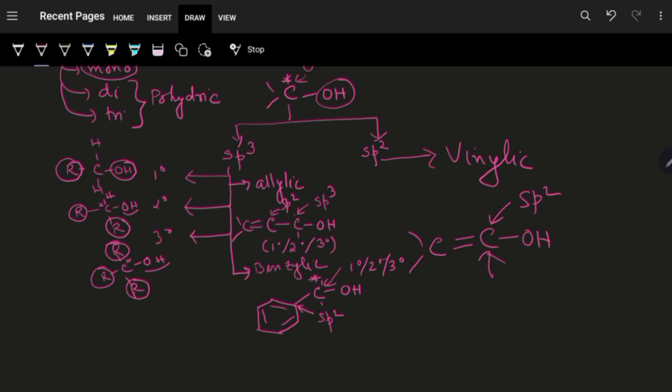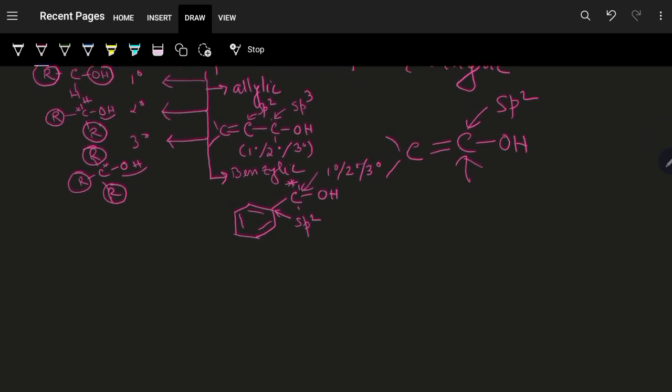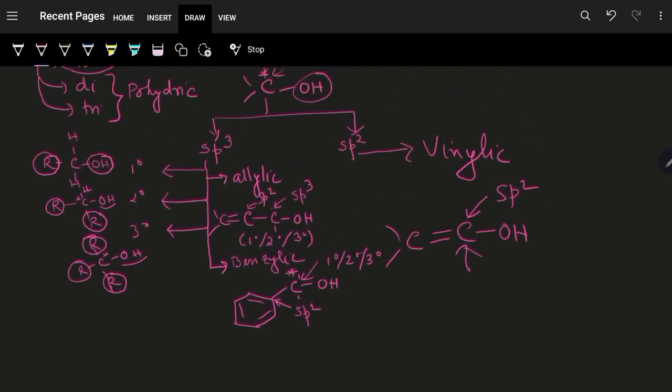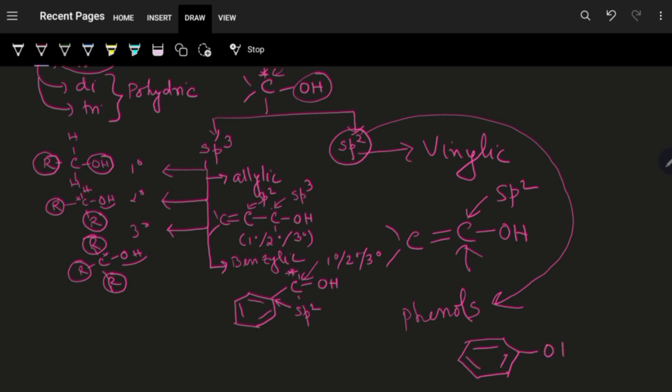If it belongs to an aromatic ring, then it will become phenol. So if it is sp2, it can be vinylic, else it can be a phenol, where the carbon atom having OH is sp2, but this sp2 carbon belongs to the aromatic ring. So if OH is directly attached to the aromatic ring, such a system is a phenol system.